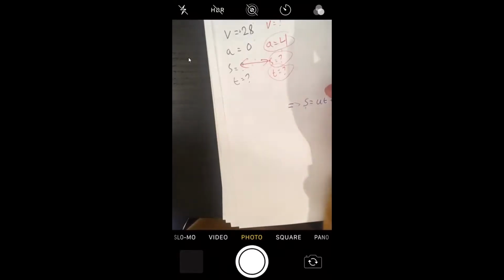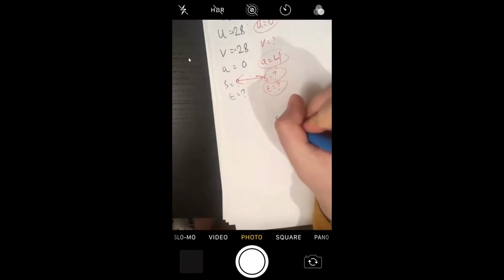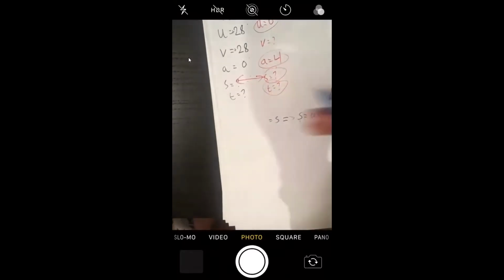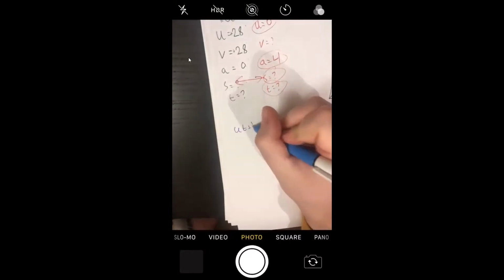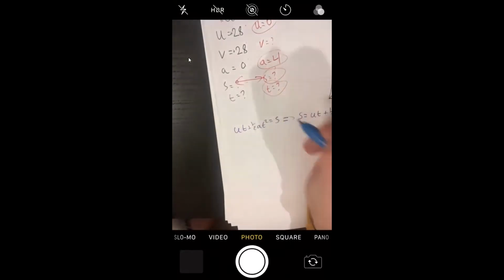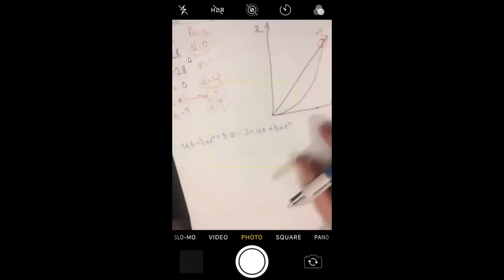The displacement of the truck can be calculated in exactly the same way. S equals UT plus half AT squared. What's interesting as well, as you should be able to see, is that we've got T squared.